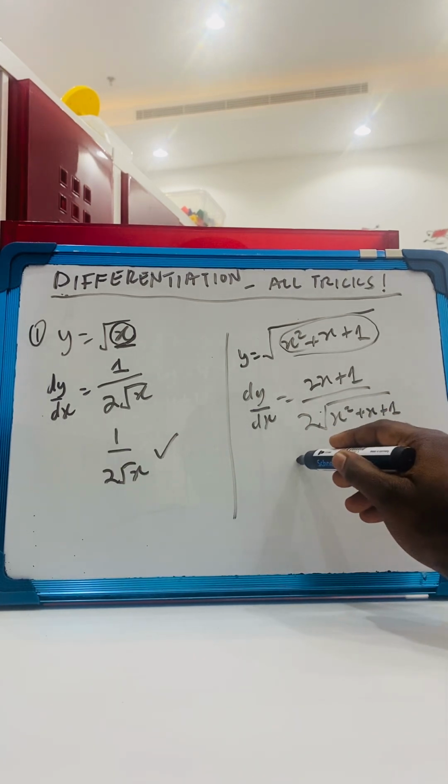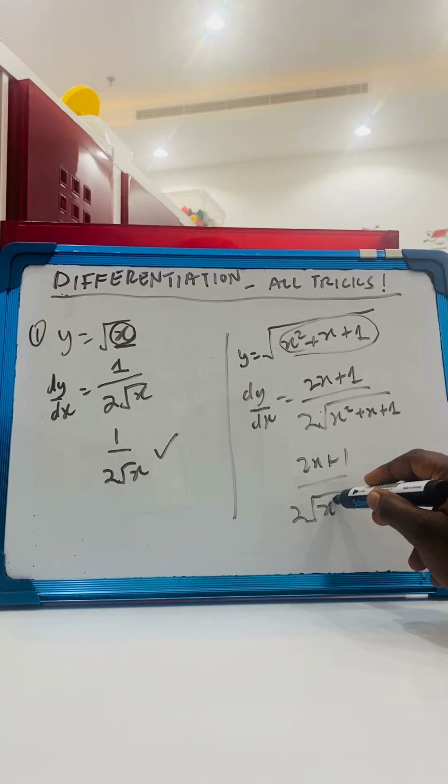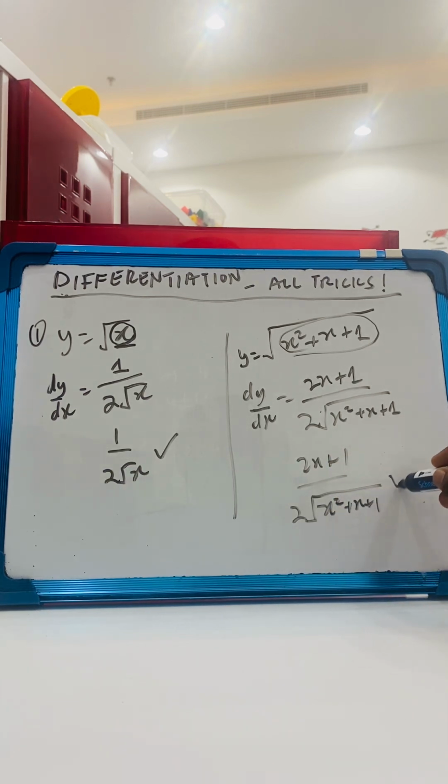So that's my answer: 2x plus 1 over 2 square root x squared plus x plus 1. I'll take other examples and I'll give the trick to make differentiation beautiful.